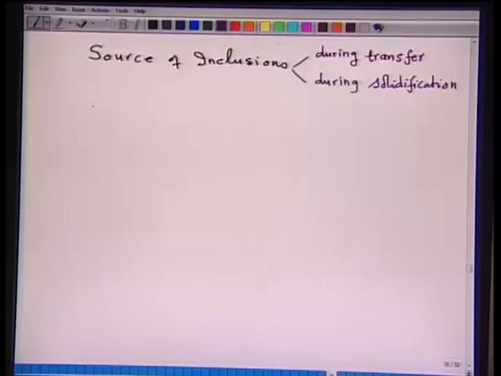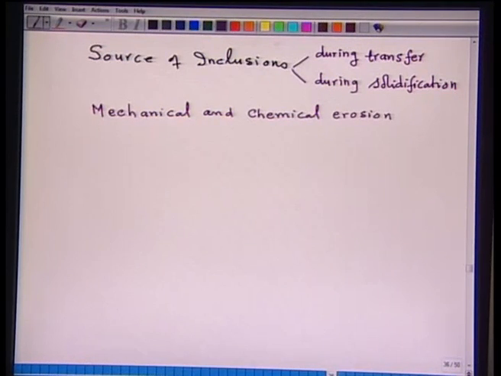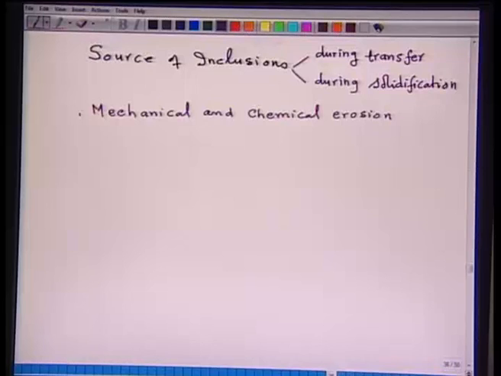So, the mechanical and chemical erosion of refractory will also lead to formation of inclusion.